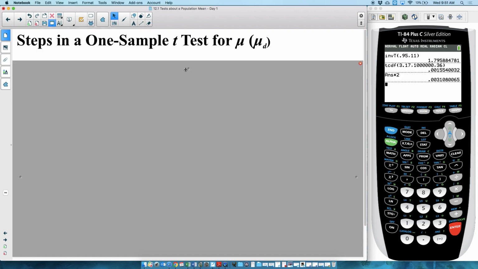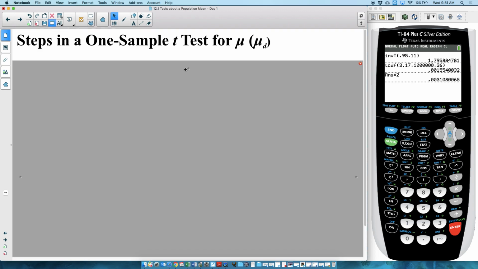Steps in a one sample t-test for a population mean or mean difference. So again, we've got 5 steps for any hypothesis test. We just added 1 step from our confidence intervals.